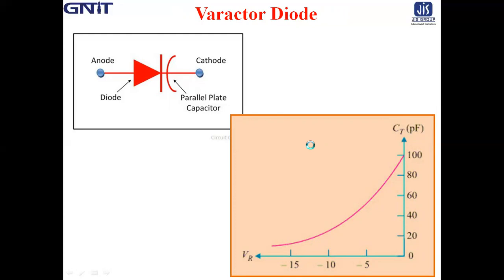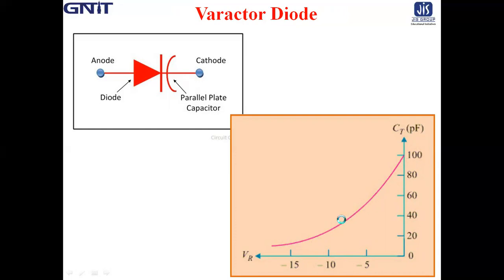So varactor diode is a reverse bias PN junction diode whose junction capacitance can be varied with the applied reverse bias voltage in a controlled manner. See the junction capacitance. And varactor means variable reactor, and it is also known as varicap or variable capacitance.